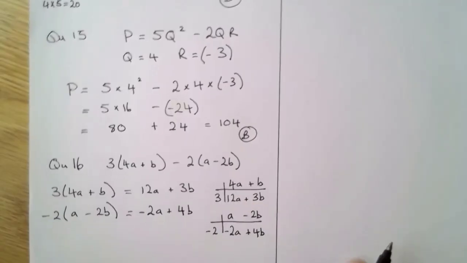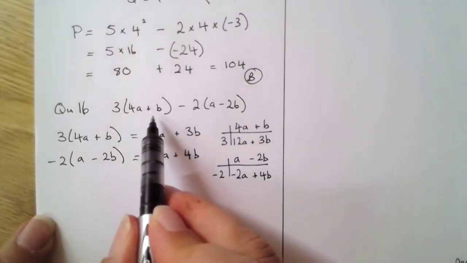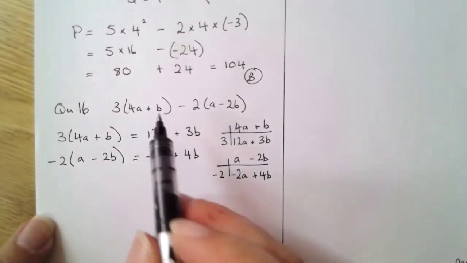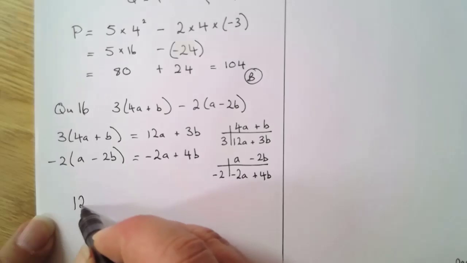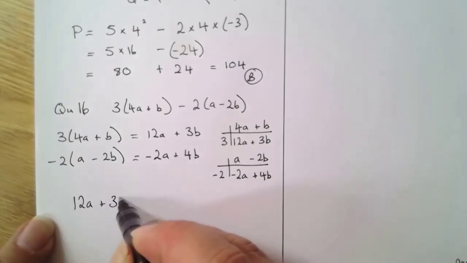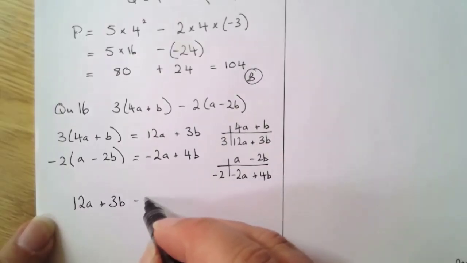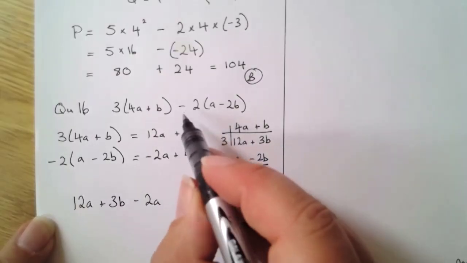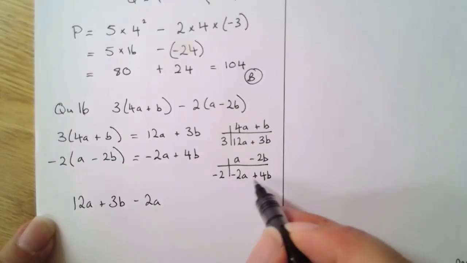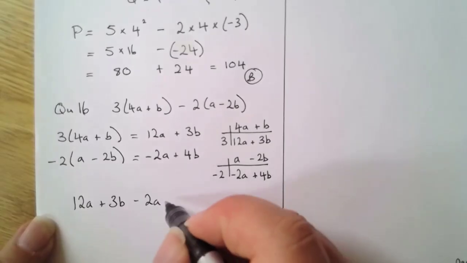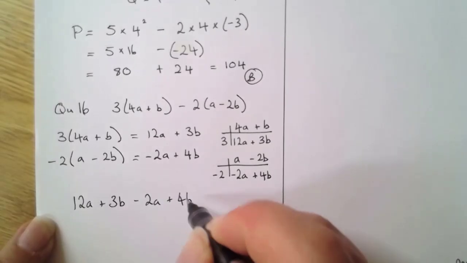We're going to put these together. 3(4a + b) becomes 12a + 3b. And then this here, remember we've dealt with this, so we use whatever is in here: -2a + 4b.